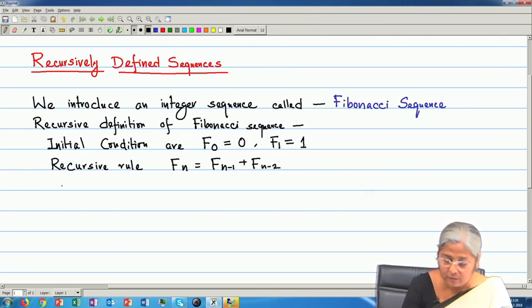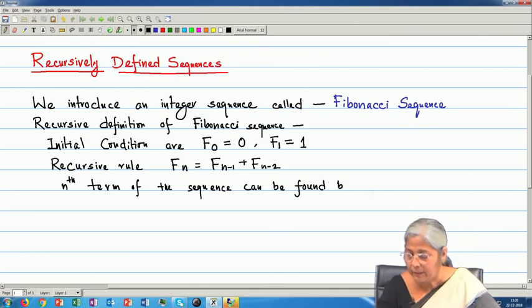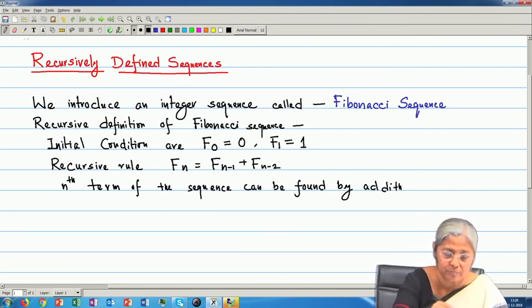That means the nth term of the sequence can be found by adding the previous two terms.